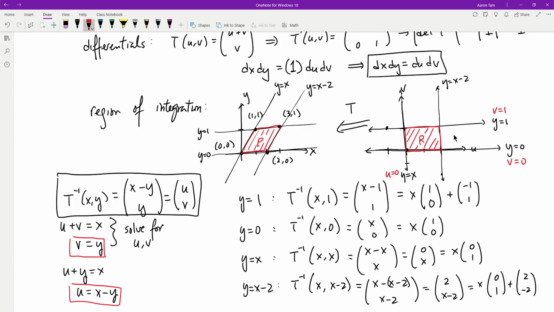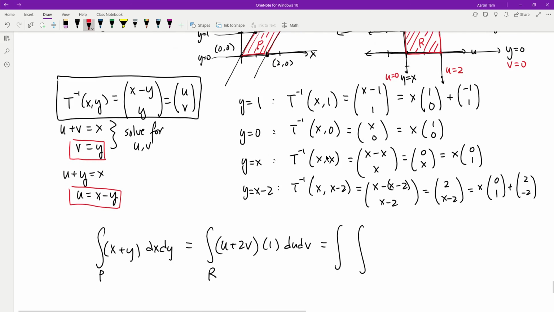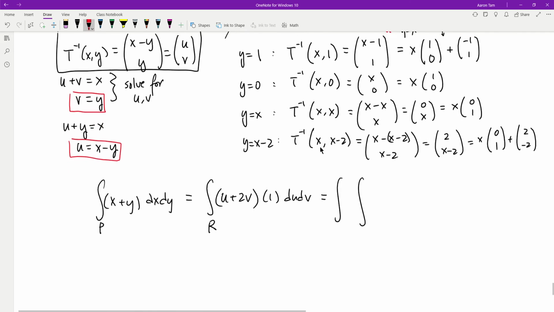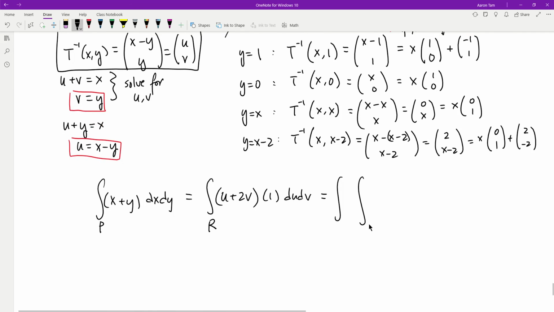And this vertical line y equal to x minus 2 actually turned into u equal to 2. So those are the four lines that we use to bound R. So u goes from 0 to 2, v goes from 0 to 1, of u plus 2v du dv.